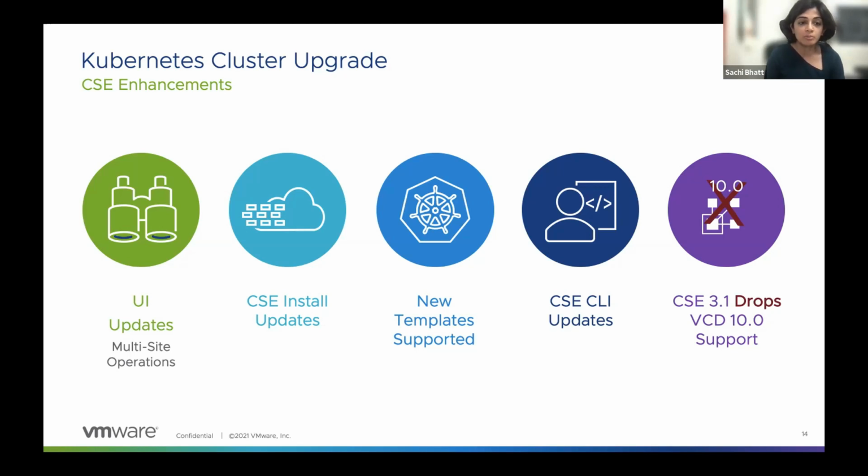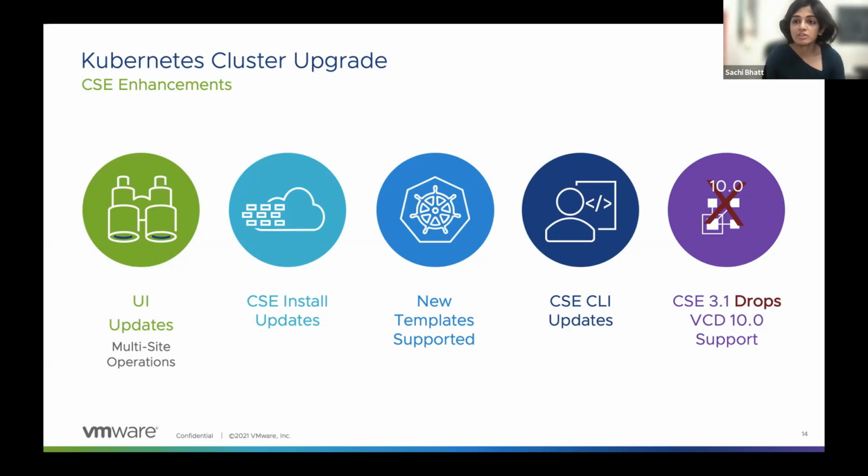I would like to talk about that. When you are logged in as a cluster author or a tenant admin, you can now see all the Kubernetes clusters deployed through Container Service Extension on different VCD sites. So managing them through the UI extension on VMware Cloud Director becomes easier in a multi-site environment.